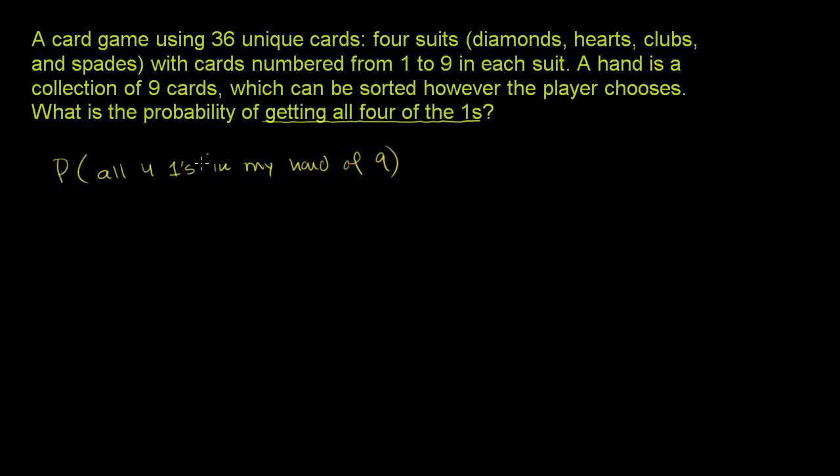But if we think about it just in very simple terms, all a probability is saying is the number of ways in which this action or this event happens. So this is the definition of the probability. It's going to be the number of ways in which the event can happen.